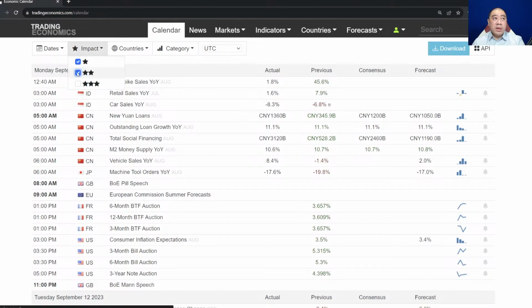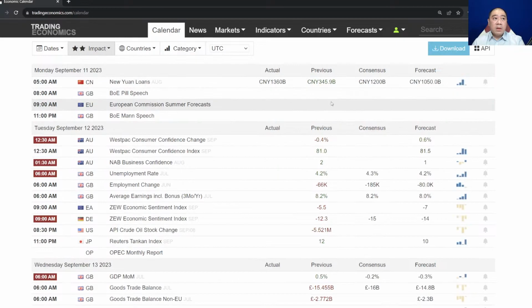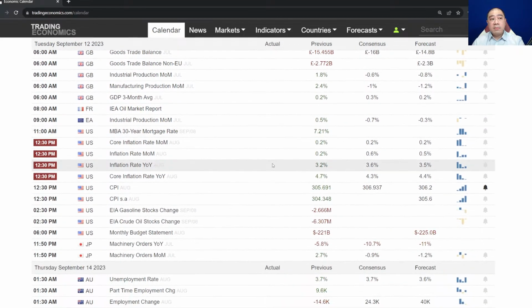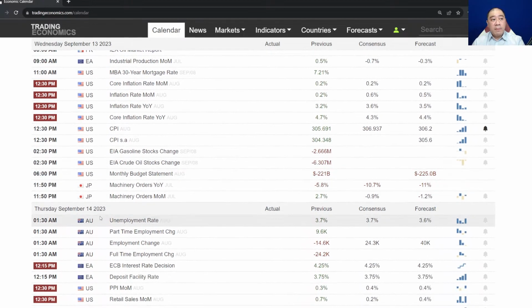You can go into the medium impact ones. It might create a little bit of a movement in the market, but maybe not. For example, the Aussie unemployment rate is highlighted as a medium impact. Now, on Thursday, is this going to be a medium impact news? It's actually going to be a very high impact news coming out from Australia.